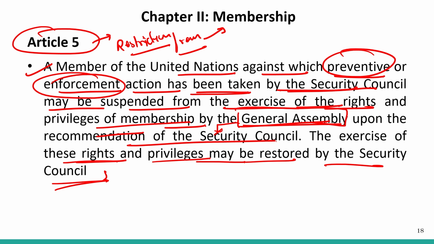These privileges that have been enumerated and given to the members will be paused, and they will only be restored once the Security Council is of the opinion that their rights and privileges should be restored.